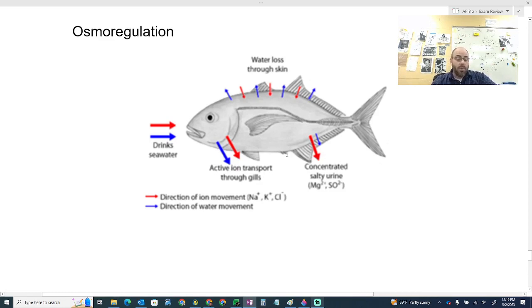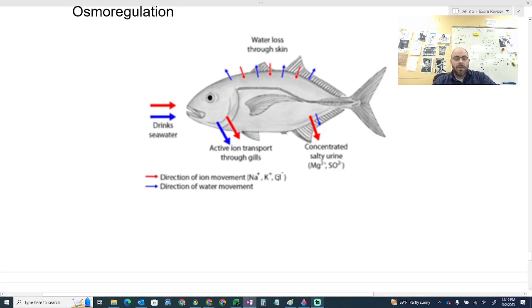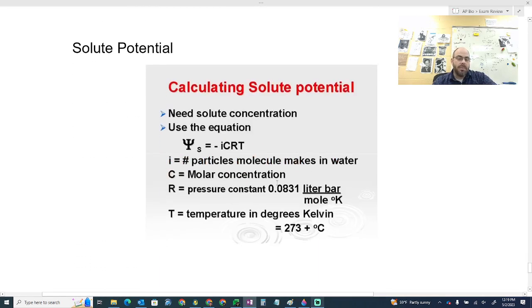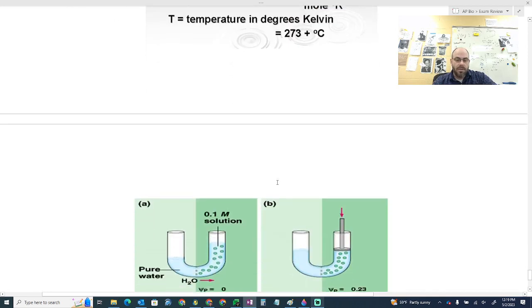A lot of more complicated organisms like a fish or like humans, we have kidneys to help us do this. But simple organisms will just do this through their skin, through just basic osmosis and basic diffusion through their environments. And so they will typically be equal with their environments a lot of times to help them keep down on the amount of net energy that is necessary to do that.